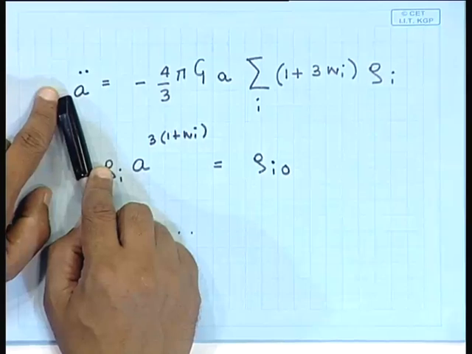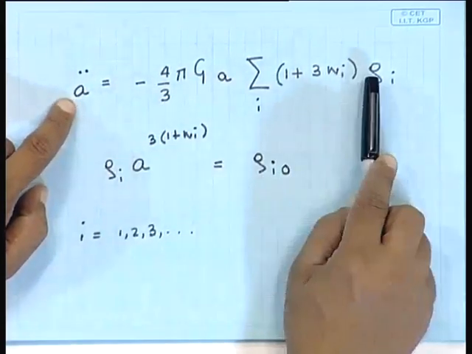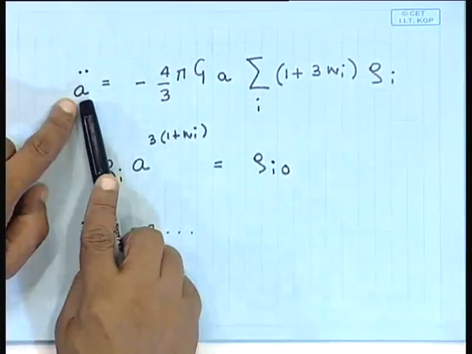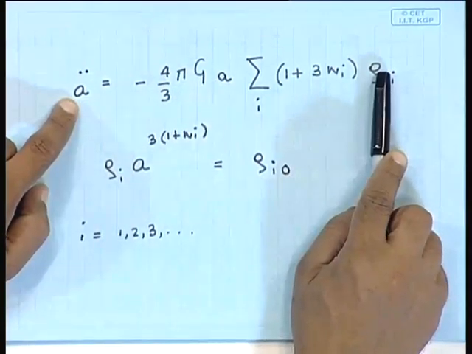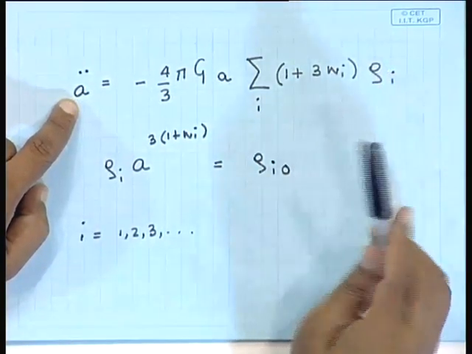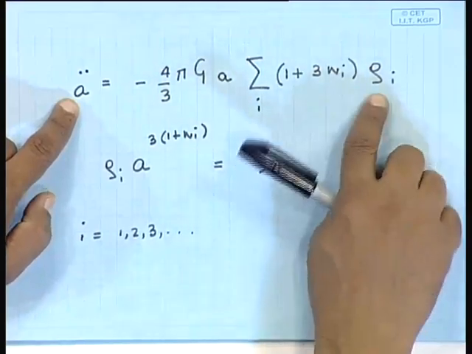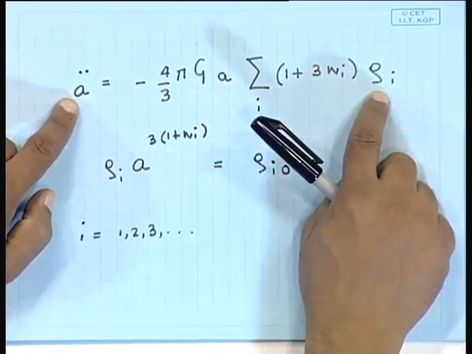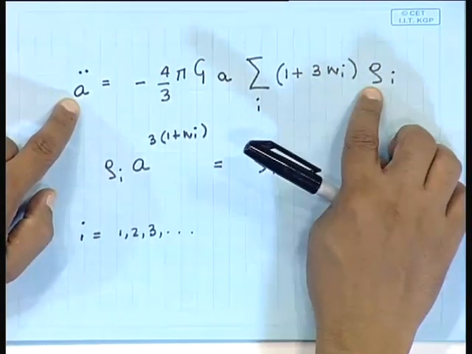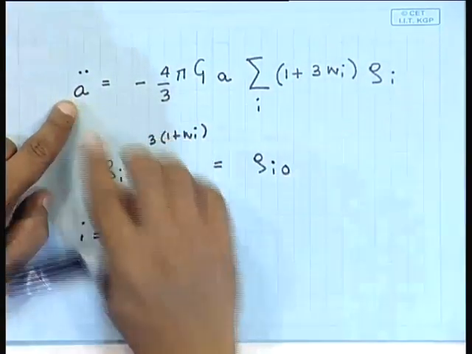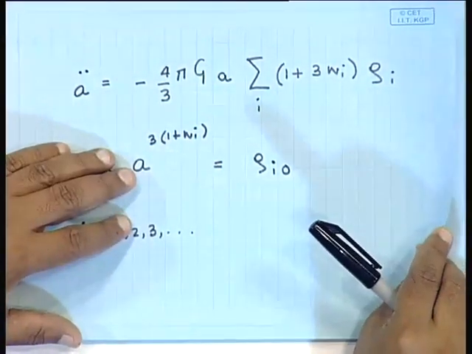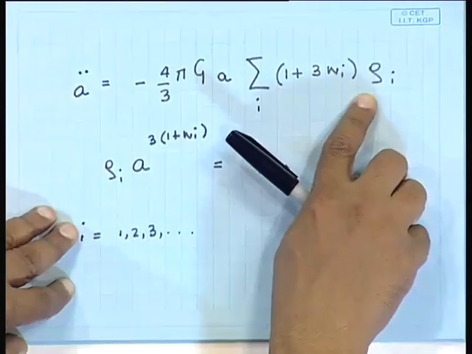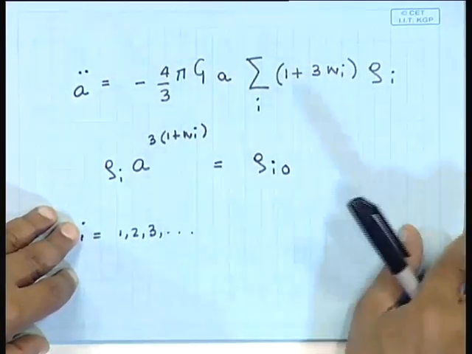Because here we have two unknown functions of time, the scale factor and the density. Not just two, but many. Each density is an unknown function of time. So, I can have three kinds of constituents, so three unknown functions of time in addition to the scale factor. So, let us eliminate these unknown functions of time.